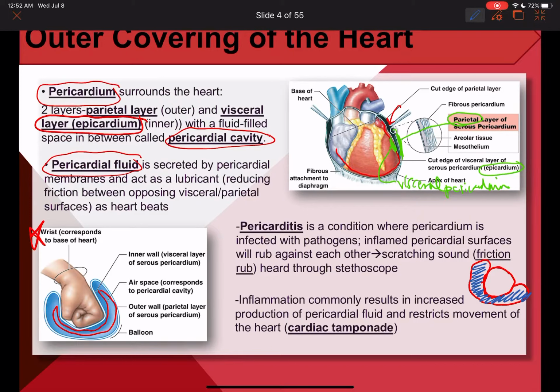Even though the increase in size of each heartbeat is not a lot, you can't squeeze down on the heart, as if you're putting both of your hands around the heart and squeezing it, to be able to pump. That's basically what happens with increase of pericardial fluid when you have pericarditis. This condition is known as cardiac tamponade, which basically says you're restricting the movement of the heart and hence the heart can't pump.